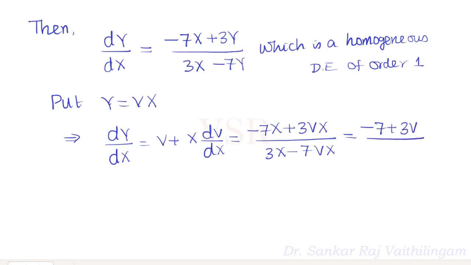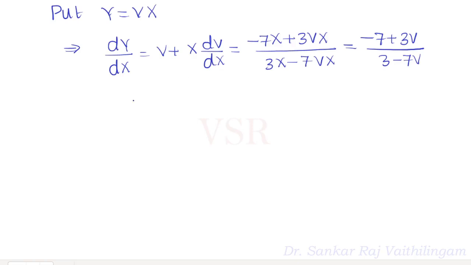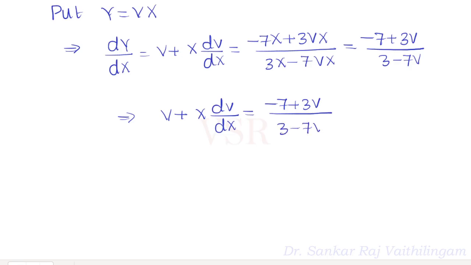divided by 3 minus 7v. Hence we write this: v plus x into dv by dx is equal to minus 7 plus 3v divided by 3 minus 7v.